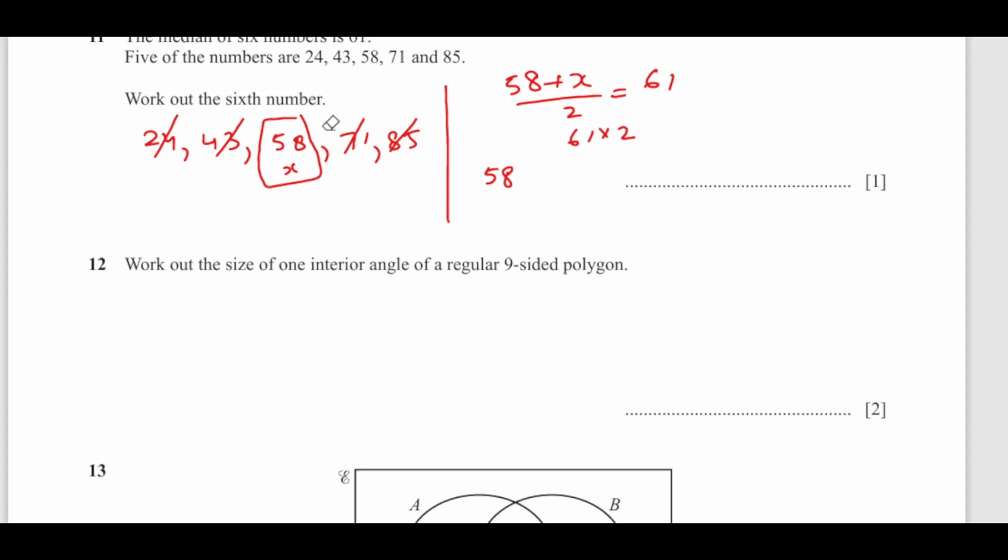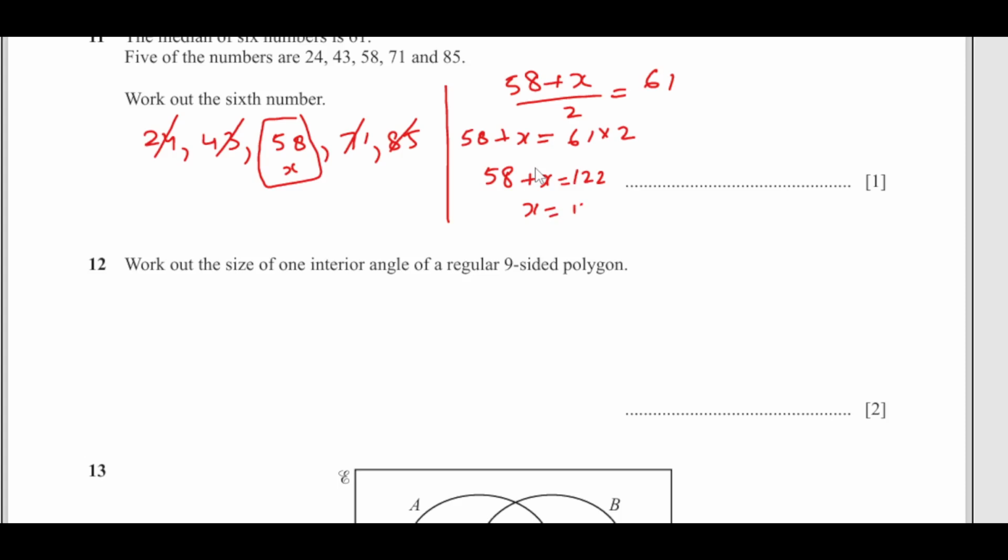So here we have 58 plus x will be equal to 61 times 2. This is plus x, this is 122. So x is 122 minus 58, which is 64, right?